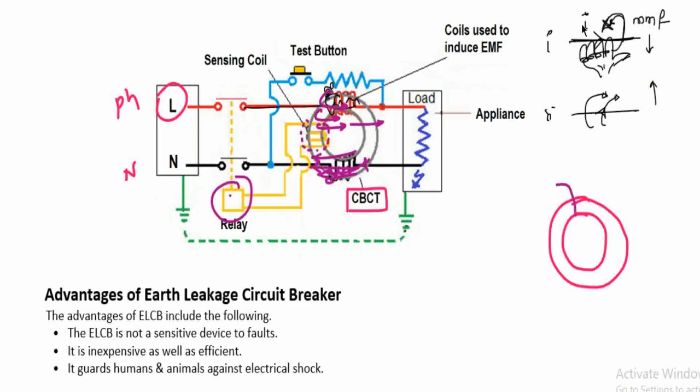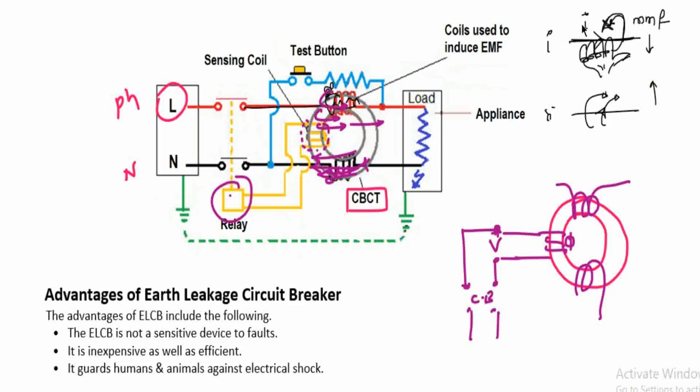Because of the net flux available in the core material, the trip coil will induce some voltage across the terminals. This voltage will be sensed by the relay and it will send the signal to the circuit breaker. That circuit breaker will open the circuit.